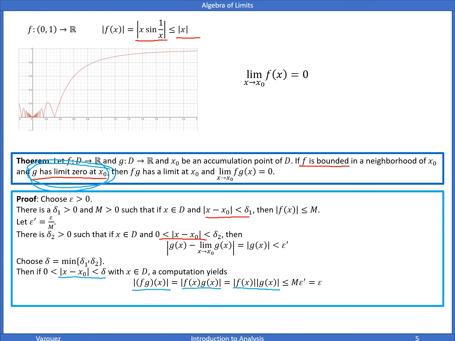That's less than or equal to m times epsilon prime. And well, that is equal to epsilon. What does that tell us? Well, that just tells us that the product has a limit at x naught, and that limit is equal to 0.